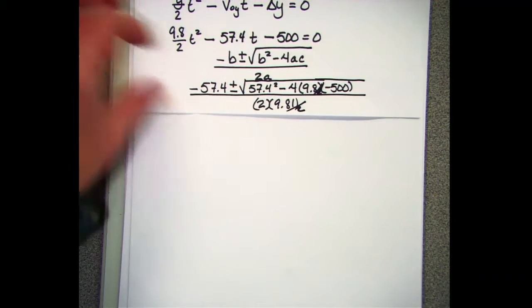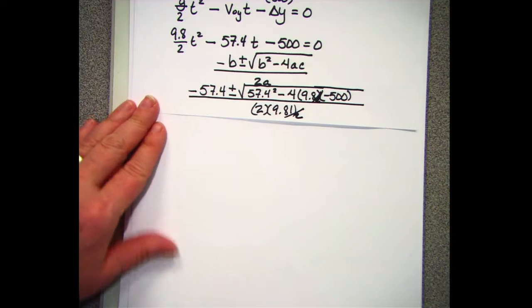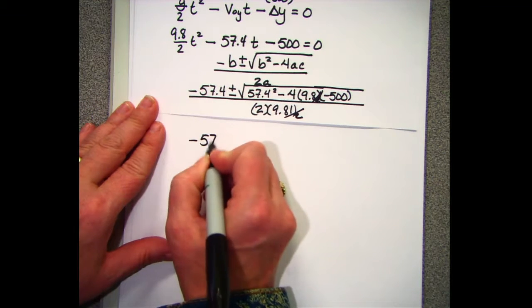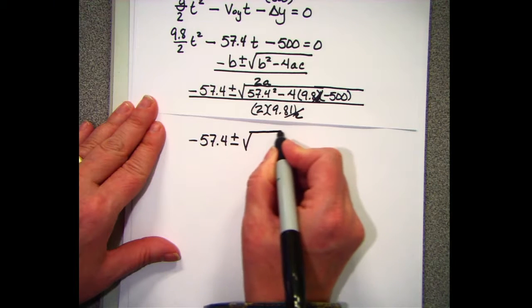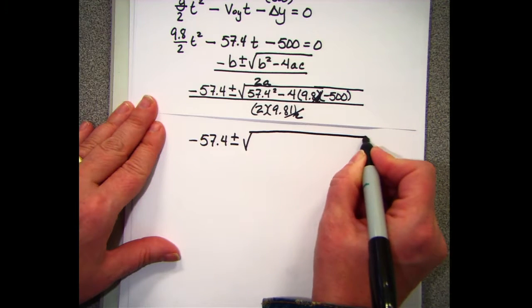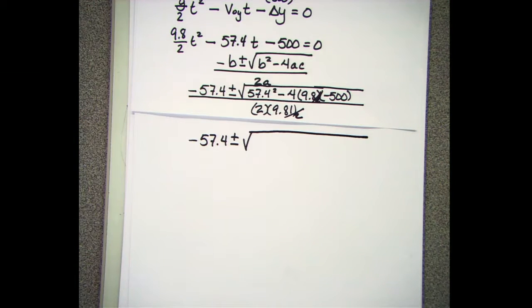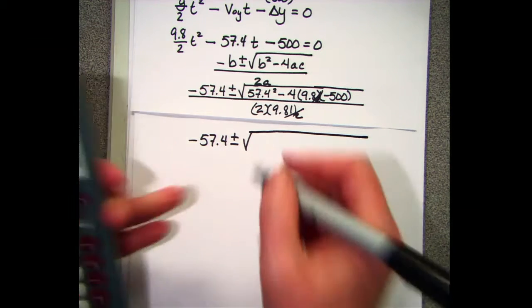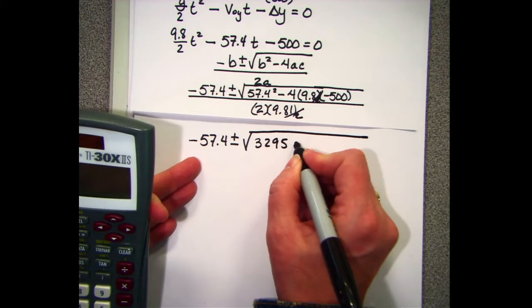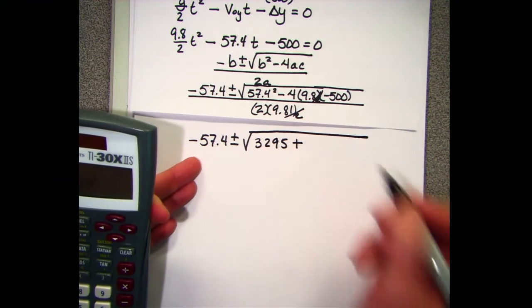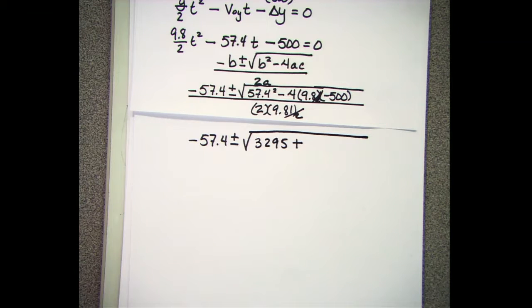Okay, so now I get minus 57.4 plus or minus. So I'm going to get my 57.4 squared. This is 3295. I'm going to end up with a plus, right? I get 2 times 9.8 times 500.